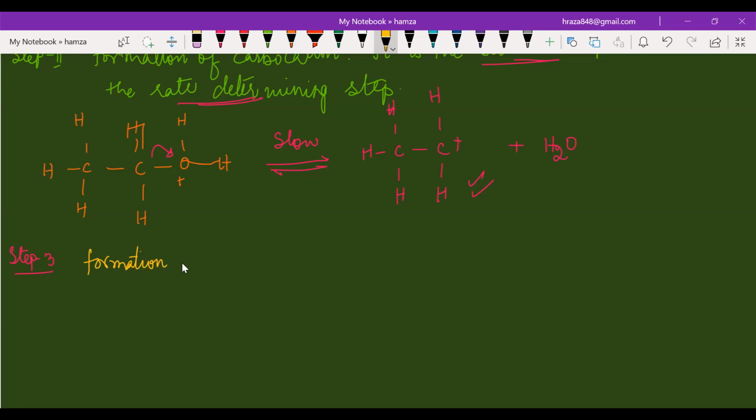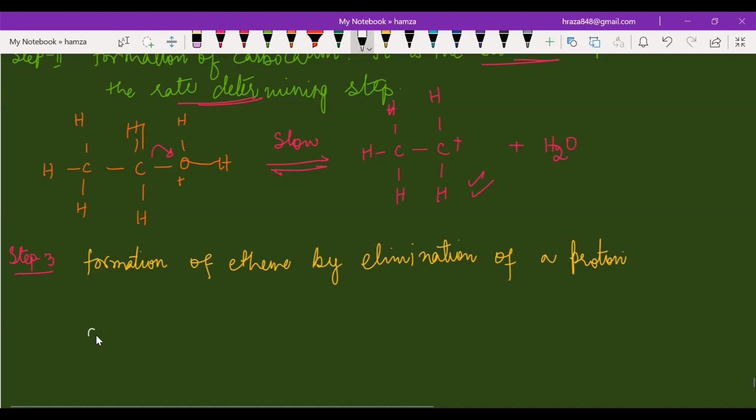So in the last step, there is formation of ethene by elimination of a proton. You can see the product of the second step will be the reactant in the third step. So you can easily understand this.